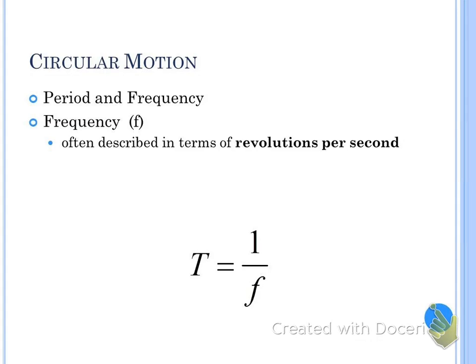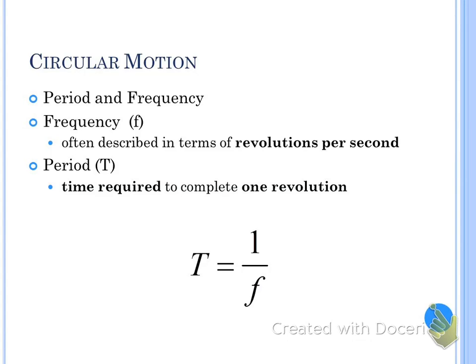Whereas period, these two are connected with this equation here, but period is described with a big T. And that's because period is a time. Period is the time required for it to complete 1 revolution.